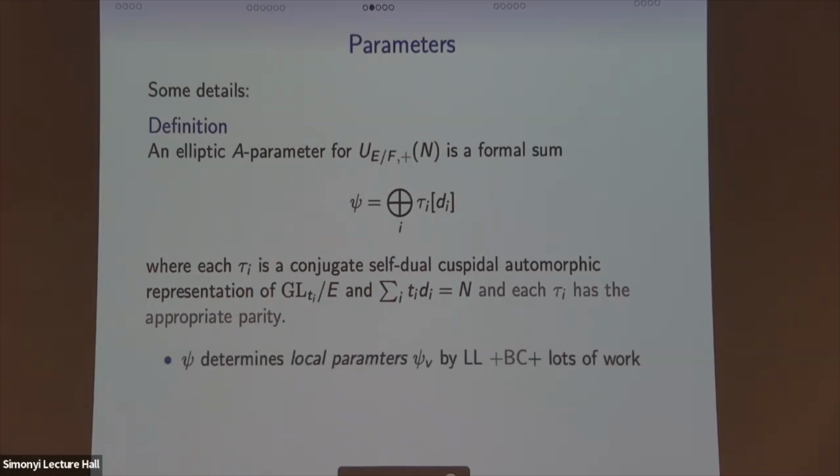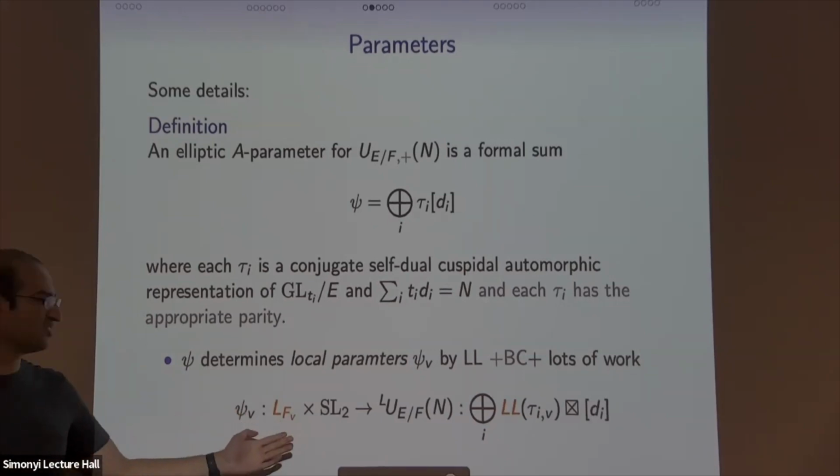Every Arthur parameter determines local parameters basically by local Langlands. You have to do some extra thing, but it's basically by local Langlands. We think of these local parameters as a map from a certain Langlands group at the local place times SL2 to the L-group of this unitary group.